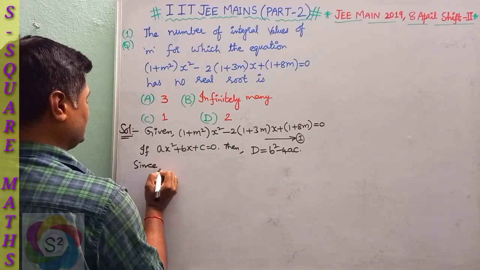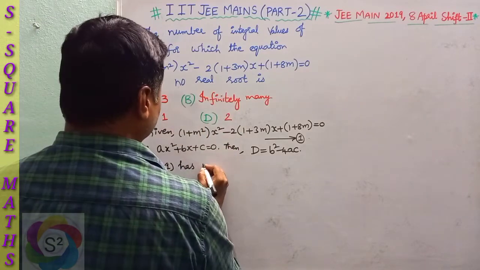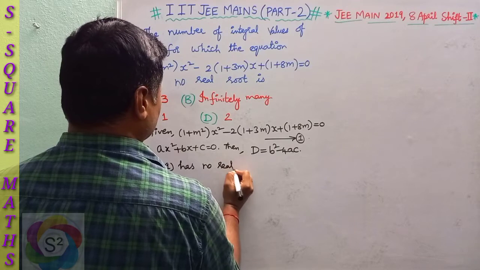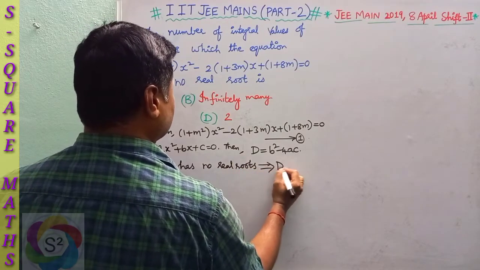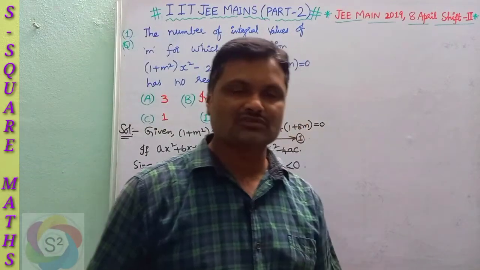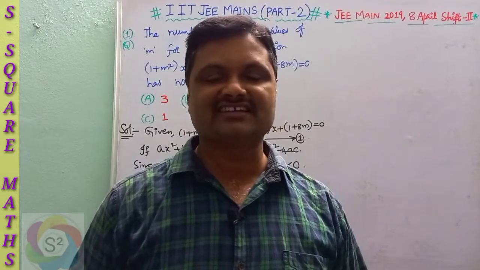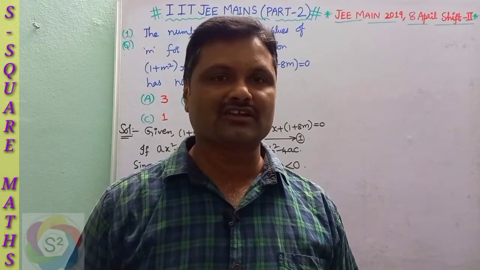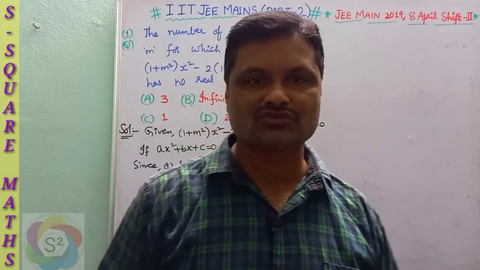Since equation 1 has no real roots, the condition is D should be less than 0, nothing but negative. There are 3 cases: D greater than 0, real and distinct; D less than 0, no real roots, nothing but imaginary roots; and D equal to 0, real and equal roots.